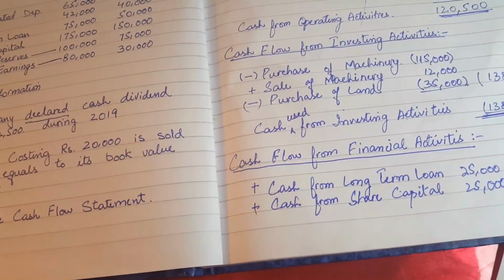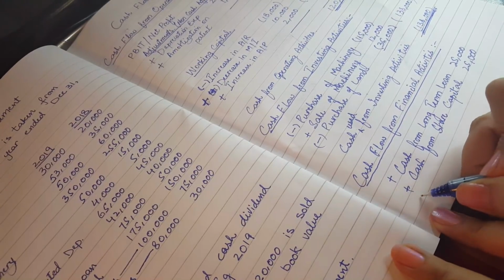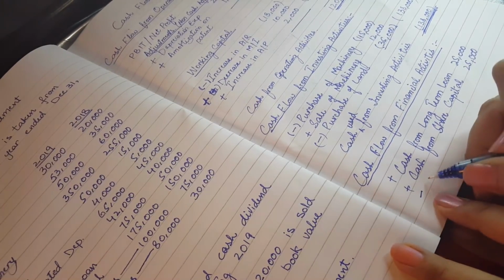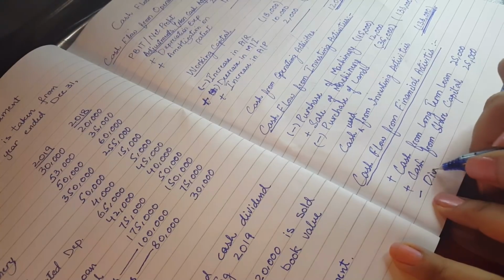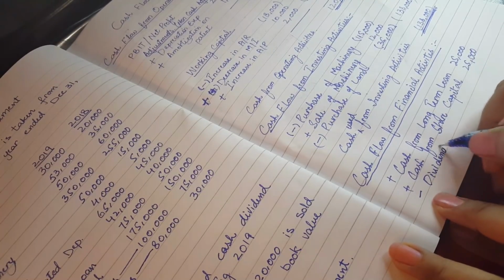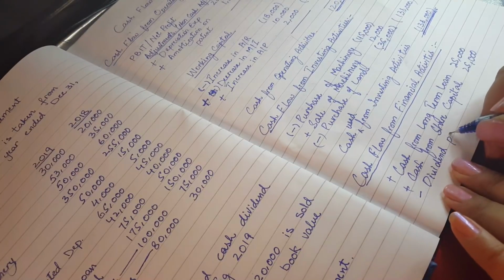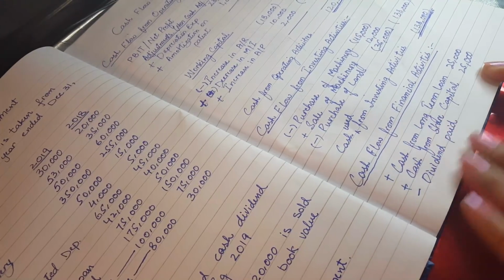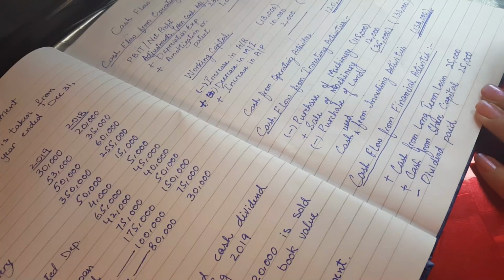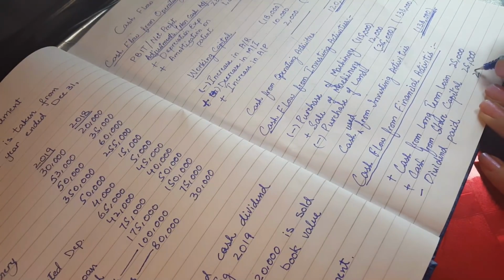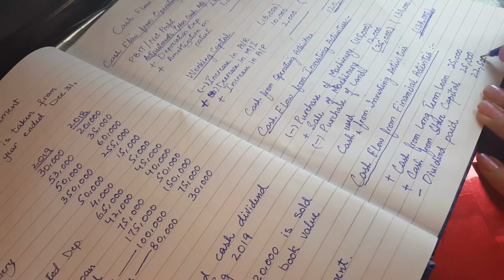So we will write it as, dividend paid is minus amount, dividend paid, and this amount is 22,500.